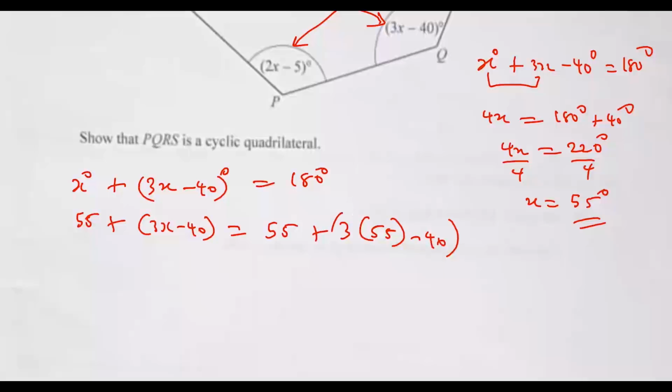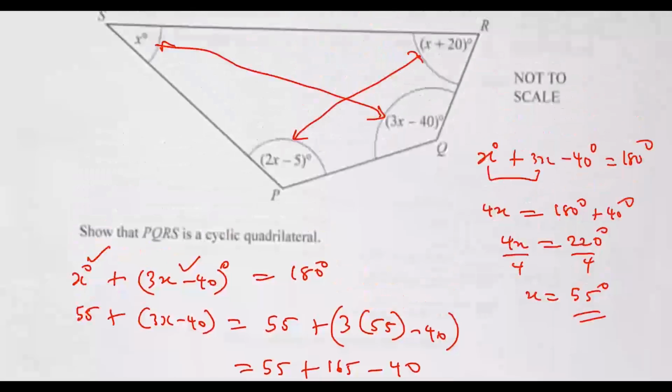So we're going to have 55 plus, if you expand this, 3 multiplied by 55, that would be 165, then minus 40. If you take your calculator, you see that this adds up to 180 degrees. So that means this angle and this angle add up to 180 degrees.